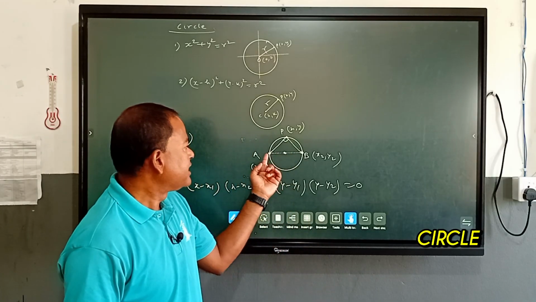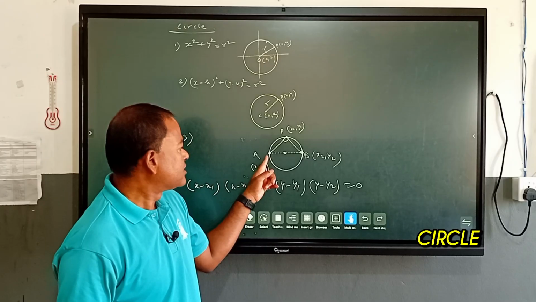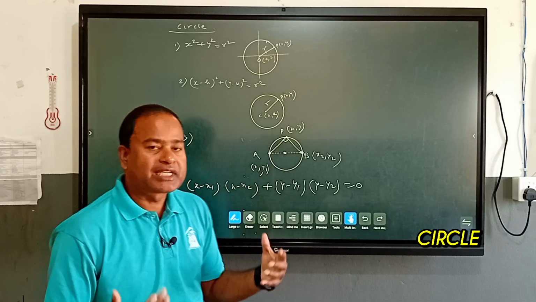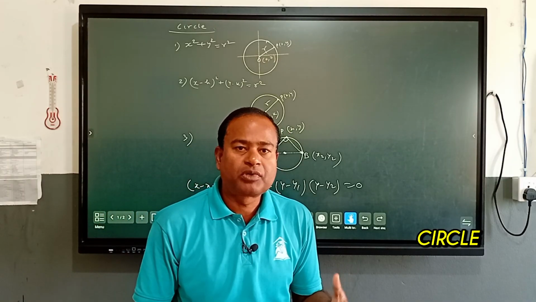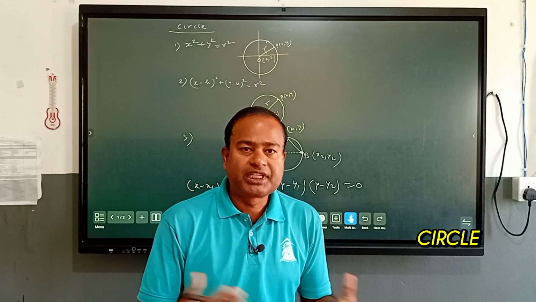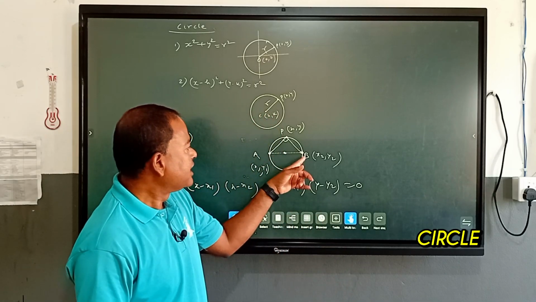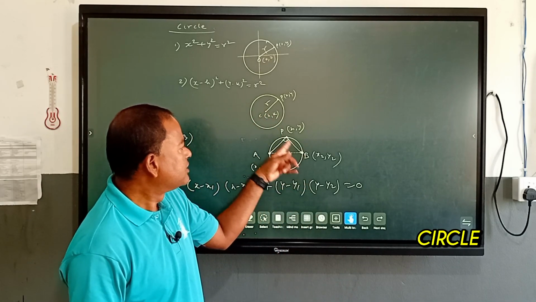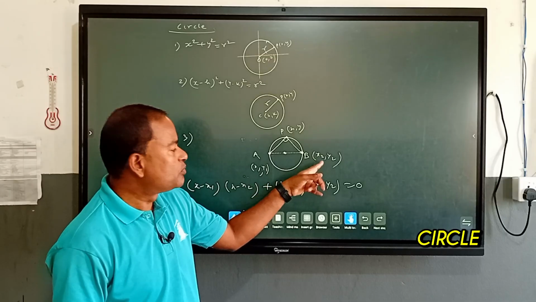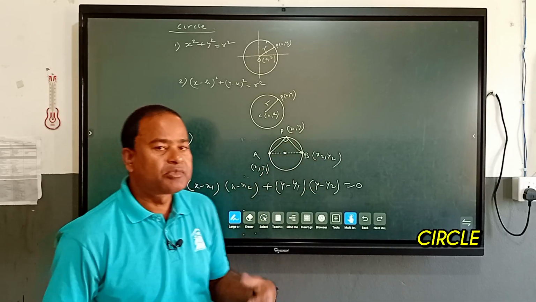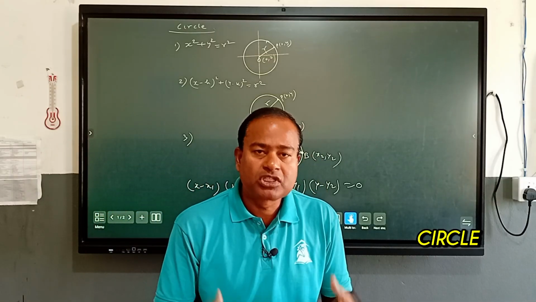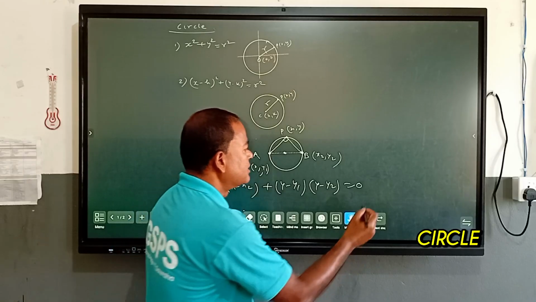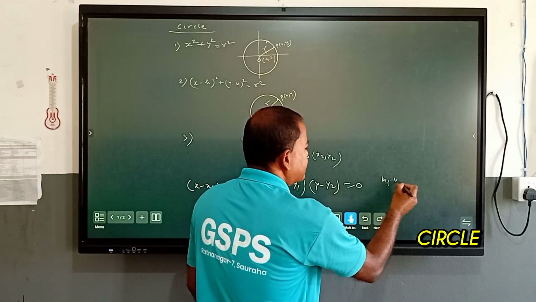By finding the slope of AP by taking the points x1 comma y1 and x comma y, we can denote it by m1, and again we find the slope of BP by taking the two points x2 comma y2 and x comma y and denote the slope of BP as m2.